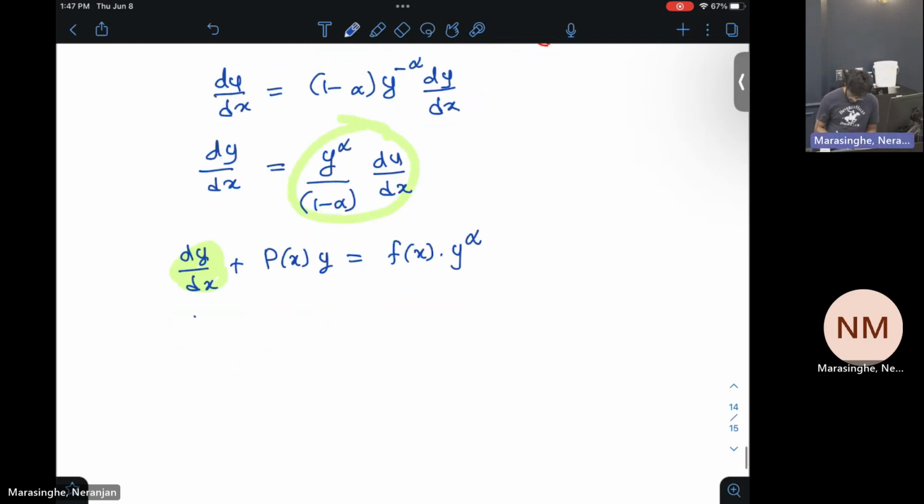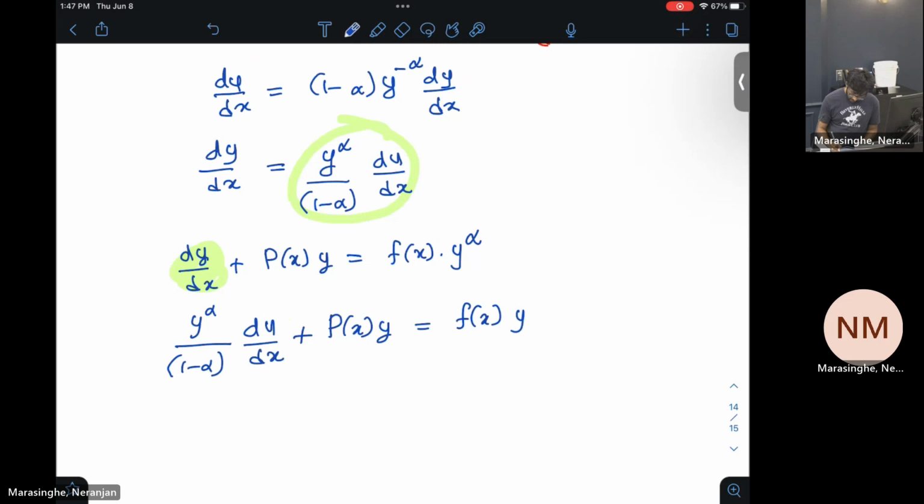I would get y to the power alpha divided by (1 minus alpha) du/dx plus p(x) times y is equal to f(x) times y to the power alpha.